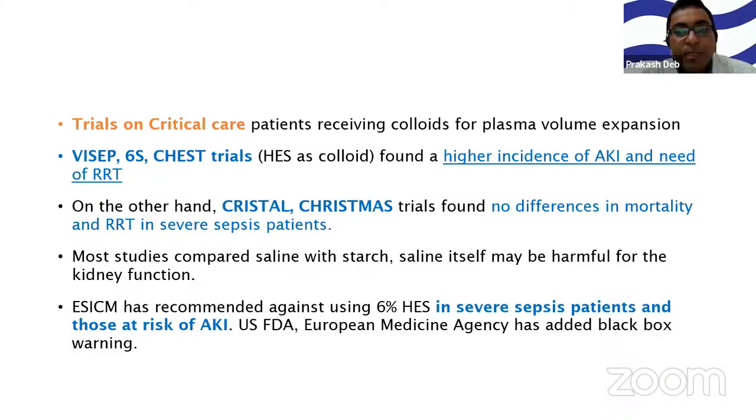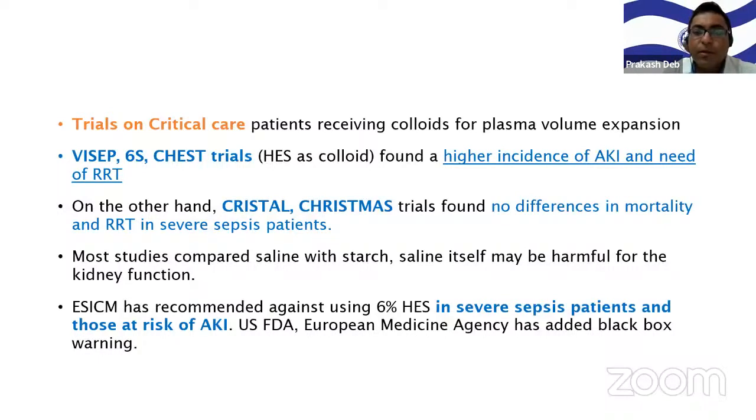One type of trials used hydroxyethyl starch as colloid and found a higher incidence of AKI and requirement of renal replacement therapy. And some trials, like CRISTAL and CHEST, did not find much difference. One important thing about these studies is that they used starch and compared it with saline, and both of them are harmful to the kidney. So there are a lot of controversies around the use of colloid versus crystalloid in critical setups.